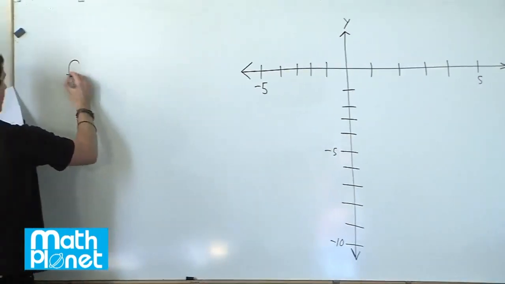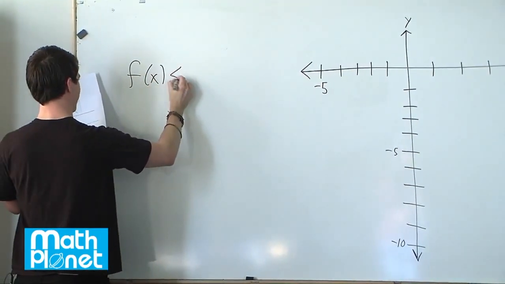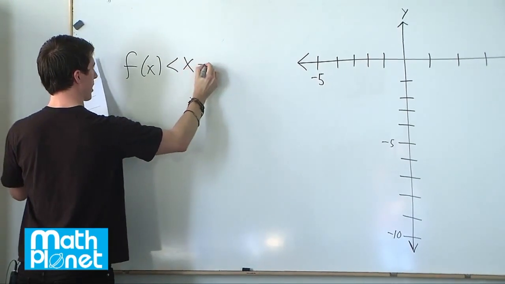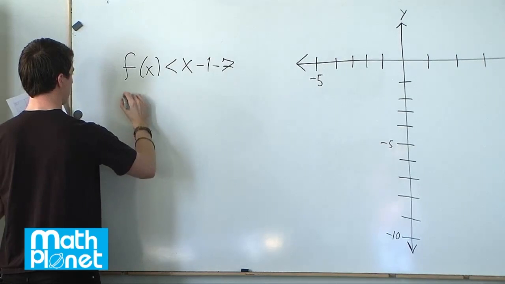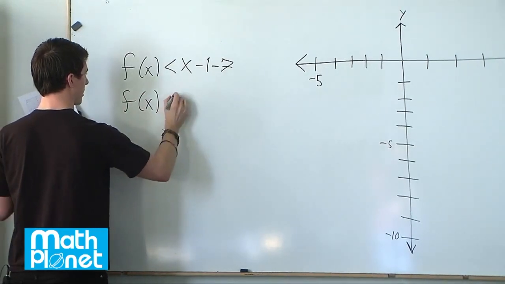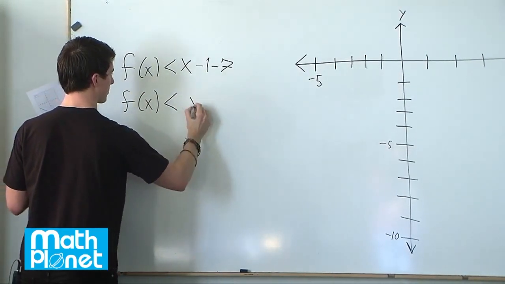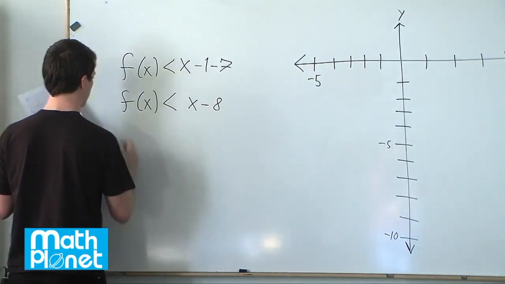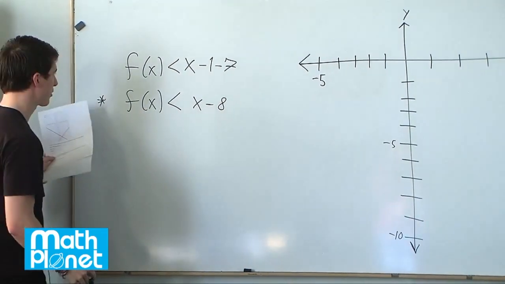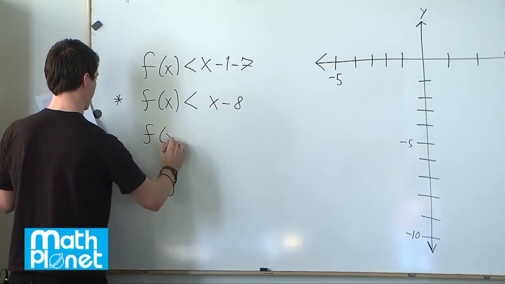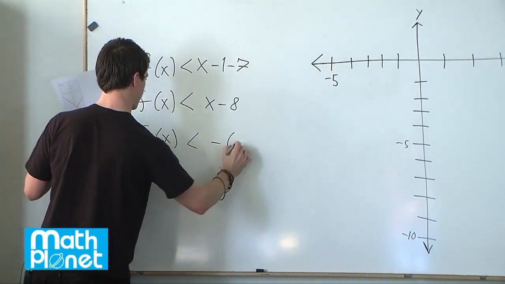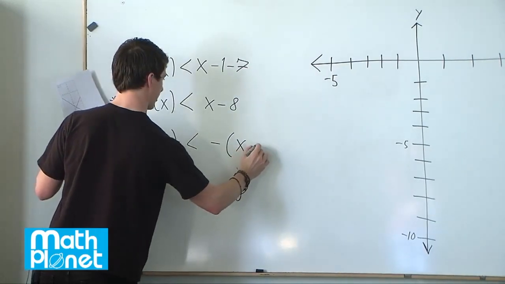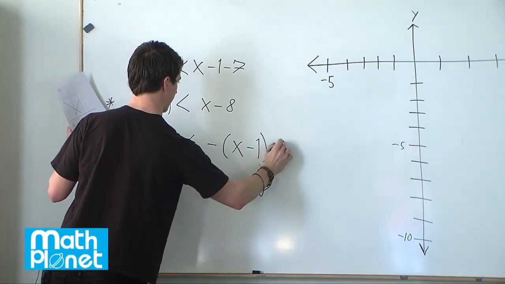We have f of x is less than x minus 1 minus 7. So this can immediately be simplified to f of x is less than x minus 8. So there's one. Now the other function is f of x is less than negative quantity x minus 1, all minus 7.